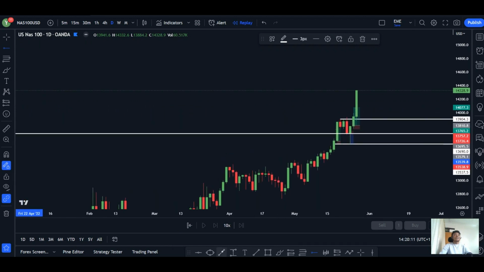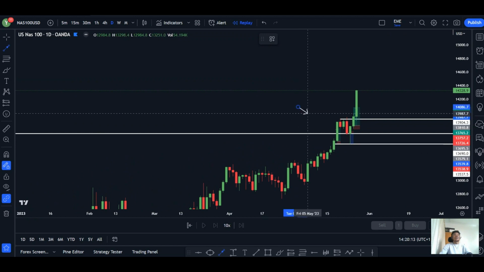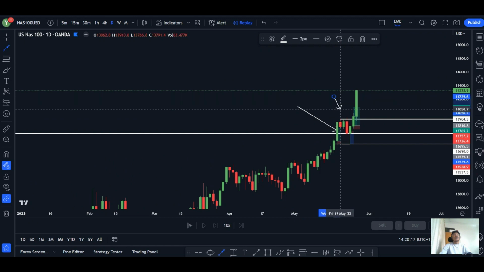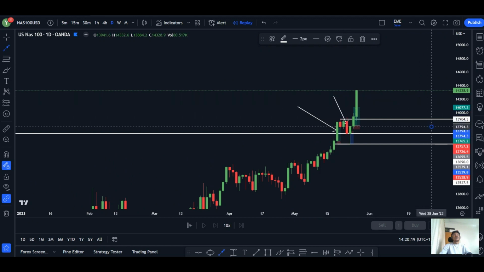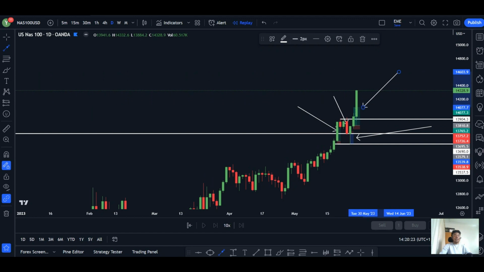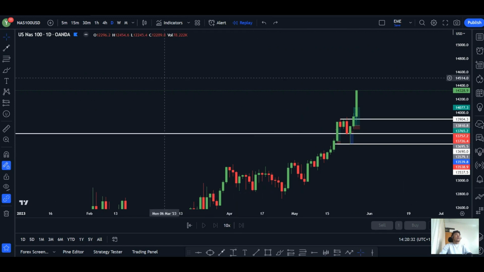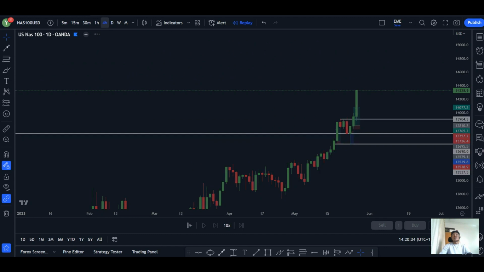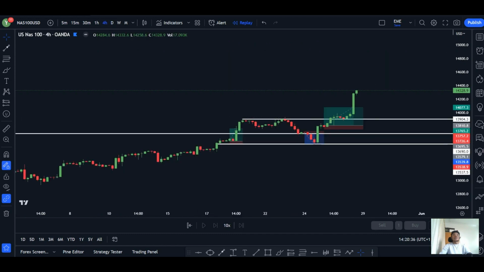So we had this daily candle blowing up these highs, and of course we had some retrace, and we tapped back into this level before we had this wild run to the upside. So this was one of our best trade setups that we took for this week, and of course it was what made our week much more profitable.